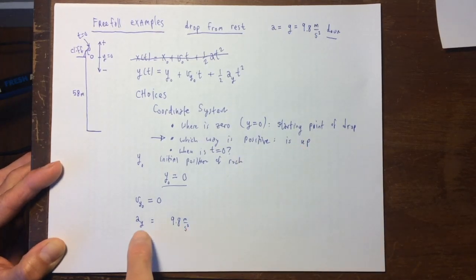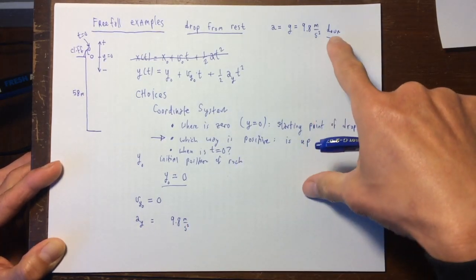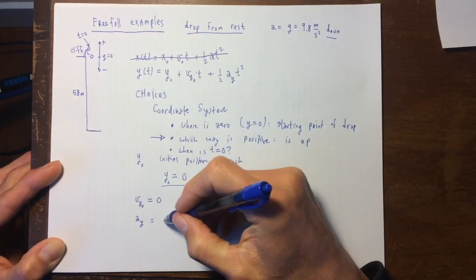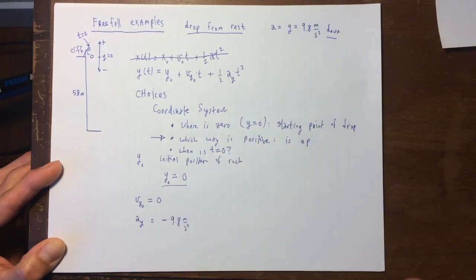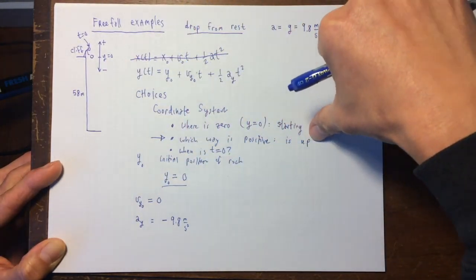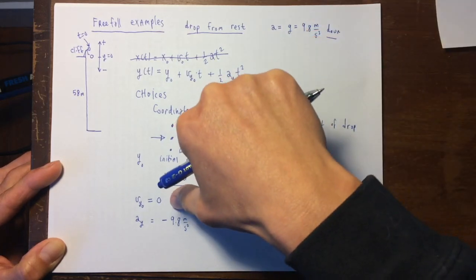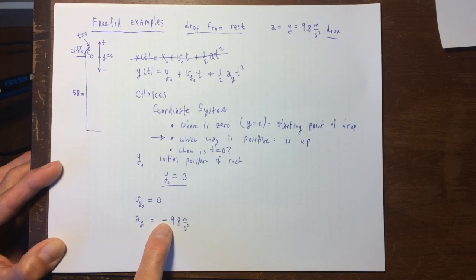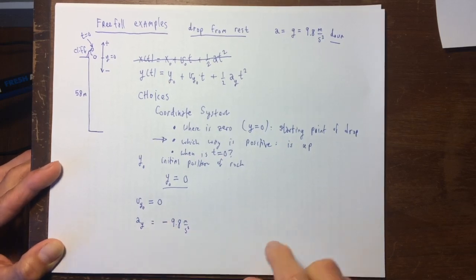But because the acceleration is downwards and up is positive, then down must be negative. This negative sign for the acceleration is a consequence of having chosen that the upwards direction is positive. So the downward direction is the minus sign, and I have to do that myself. I have to be a physicist and choose the minus sign.